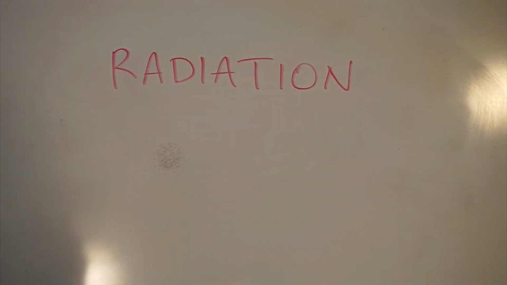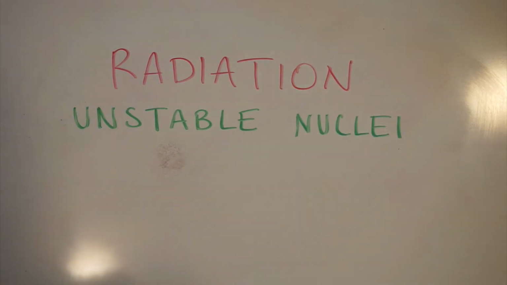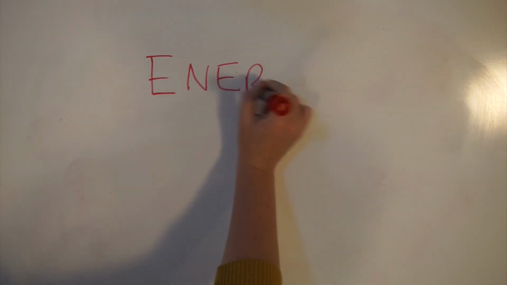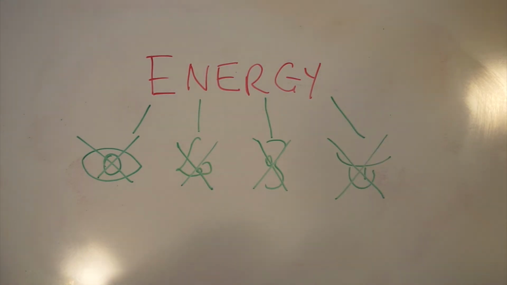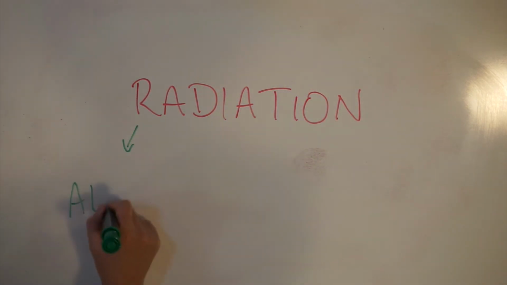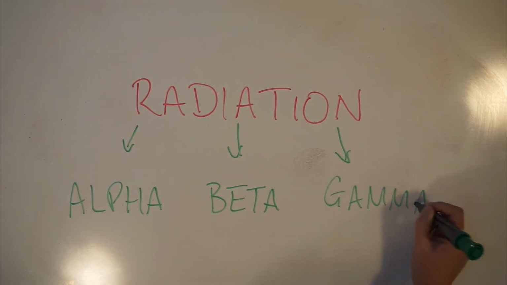So to wrap up, radiation comes from unstable nuclei in atoms bursting open and shooting out energy. These are radioisotopes. This radiation sends out energy that we can't see, smell, hear, or taste. There are 3 types of radiation, alpha, beta, and gamma, that can only be stopped by certain things.